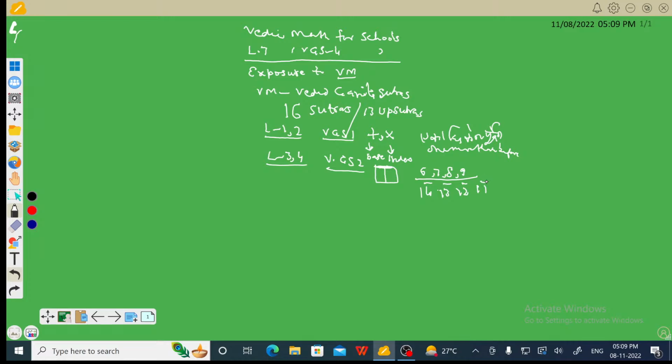Sutra is Nikhilam Navatashcharamam Dashatah. Its simple rendering is all from 9 and last from 10.